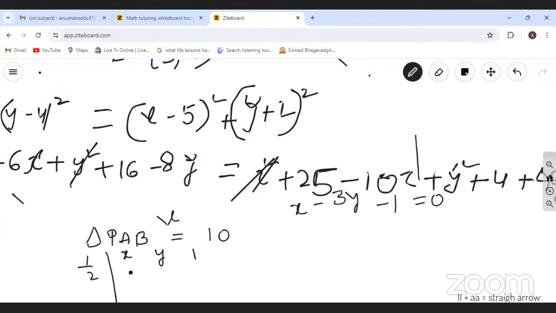And they gave you the points 3 comma 4 and 5 comma minus 2. So here it will be 3, 4, 1, 5, minus 2, 1. This should be equal to what they gave you in the question, that is 10, right?